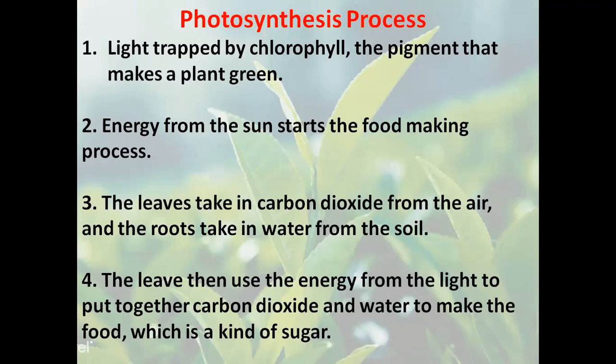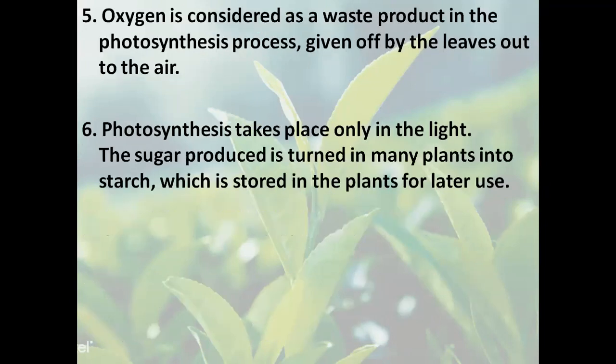The plants use the energy from the sunlight to make food, which is a kind of sugar, by mixing carbon dioxide and water. Then oxygen is considered a waste product. Oxygen is released from the plant during photosynthesis and given up by the leaves to the air. Photosynthesis takes place only during the day in the presence of light.